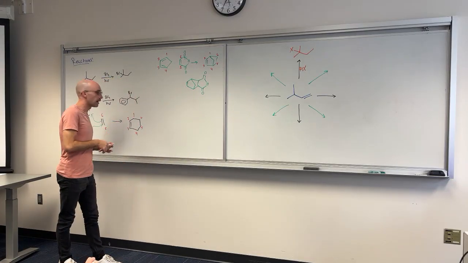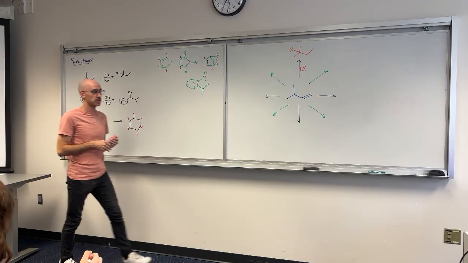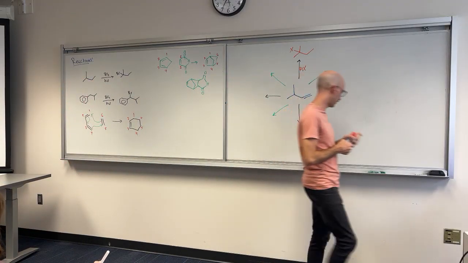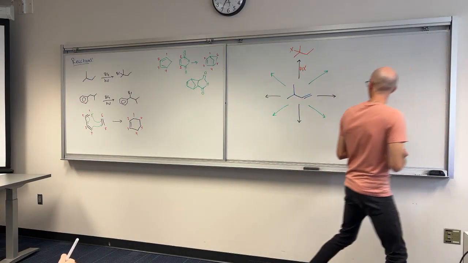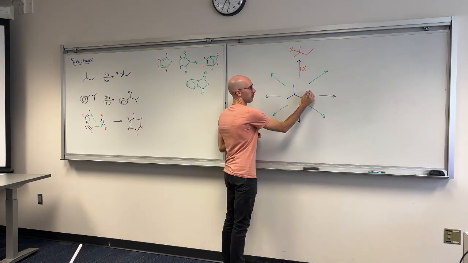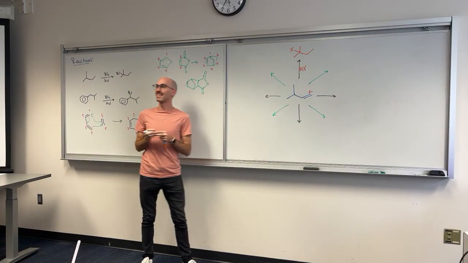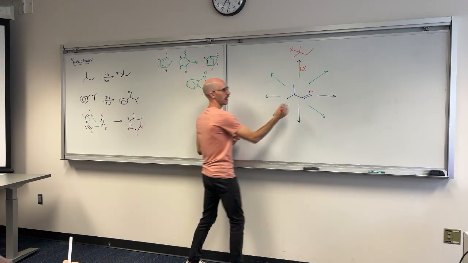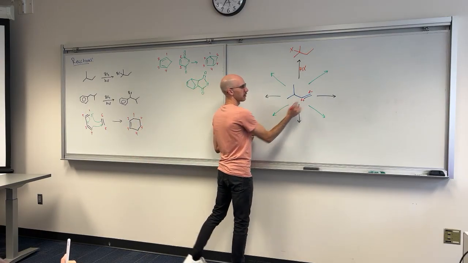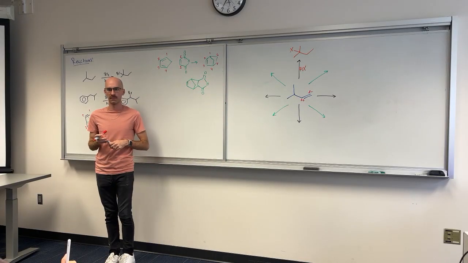So actually, we can make this quick assumption on this molecule and say that there is partial negative character on the less substituted carbon and partial positive character on the more substituted carbon.